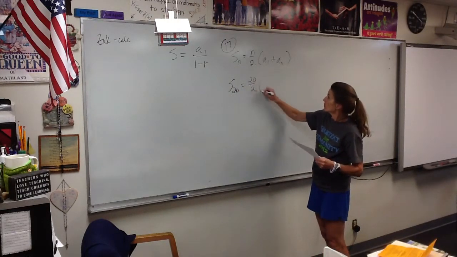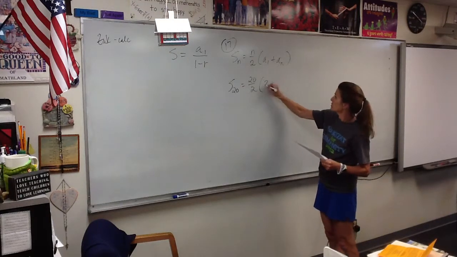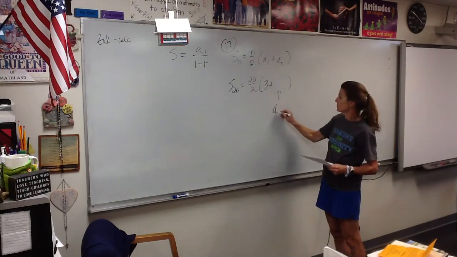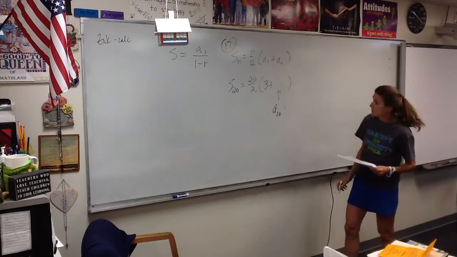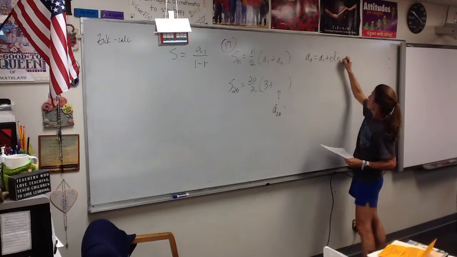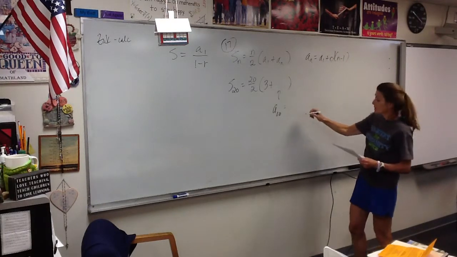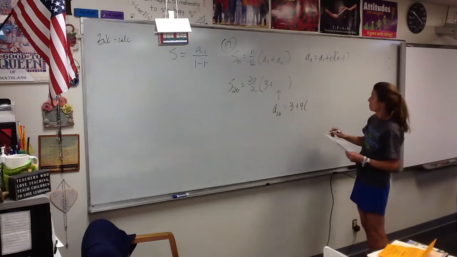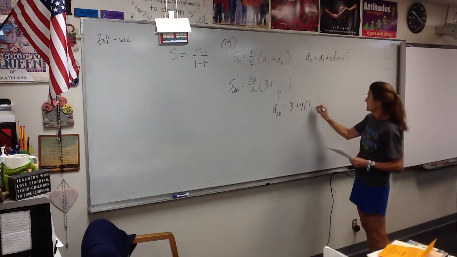So 20 over 2. The first term is 3. Oh, shoot. We do not know the 20th term. So we'll have to figure that out using this formula, which also will be on your reference sheet. The 20th term will be the first term plus the common difference times 19.